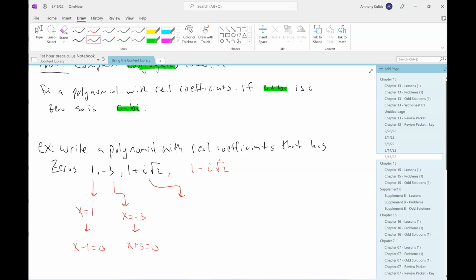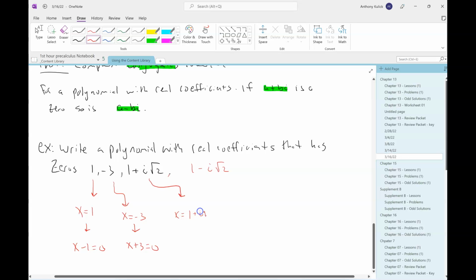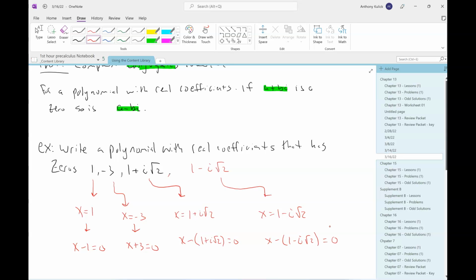If we don't include its conjugate, we won't get the real coefficients that were desired. And when I subtract the complex number over, I like to just take the whole thing and put it in a parenthesis with the negative sign out front of it. It makes the next step, I think, a little bit easier for me, and I'll show you why in a moment.